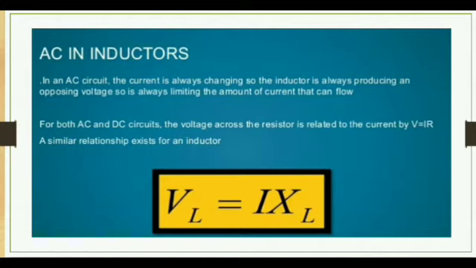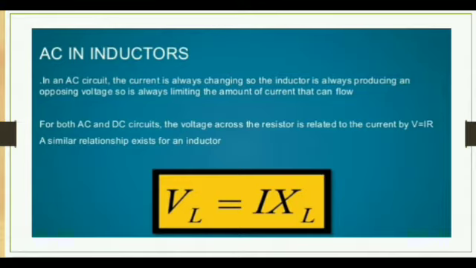Now if I am taking an inductor, that is nothing but a coil. If AC current flows to the coil, what will happen? In an AC circuit the current is always changing, so the inductor is always producing an opposing voltage, always limiting the amount of current that can flow.